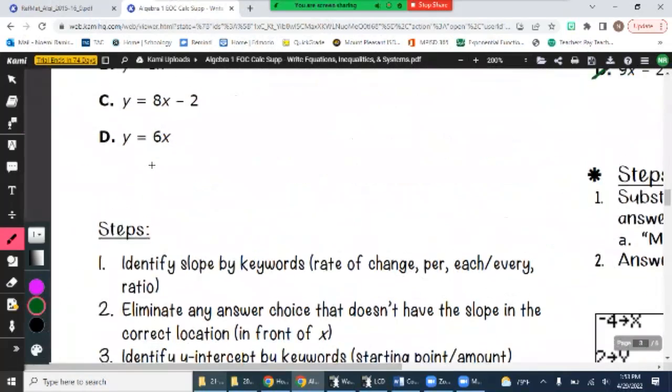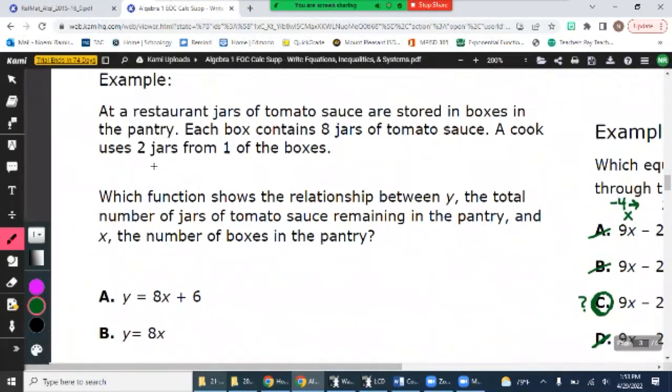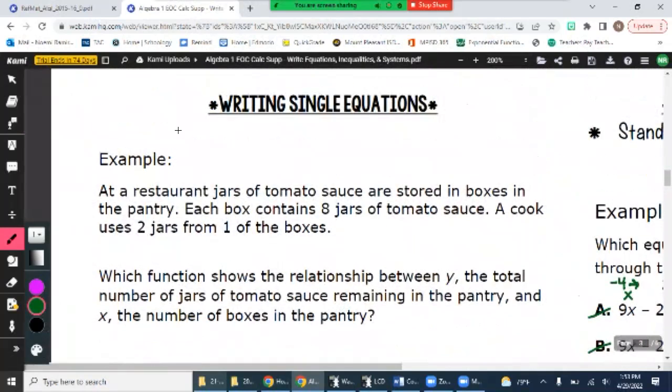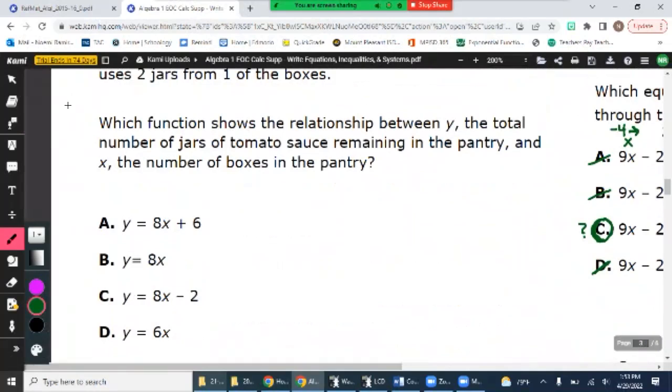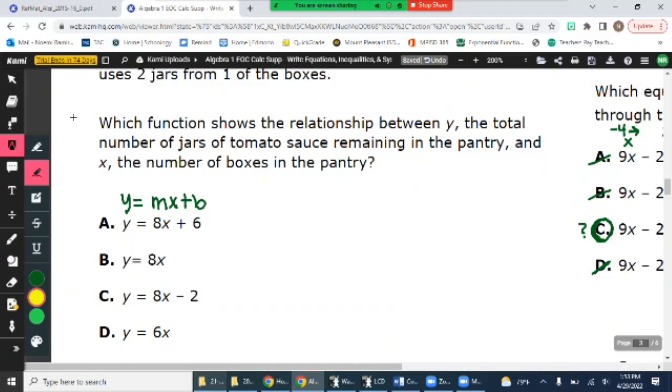Not that one. Yep. So we're writing equations. We're given a word problem, and if you look at your answer choices, they're all in y is equal to mx plus b form. So there's two pieces of information that I need. One of them is easier to find than the other. Slope, because we have a lot of keywords that we have learned, a lot of words that represent slope.